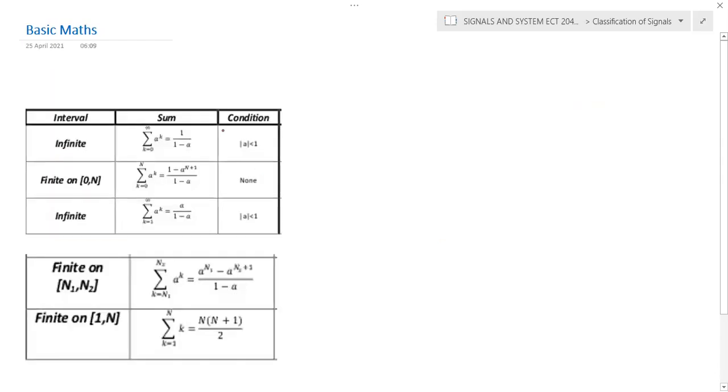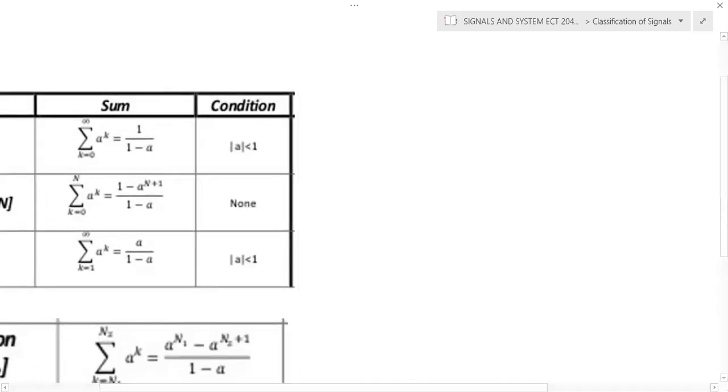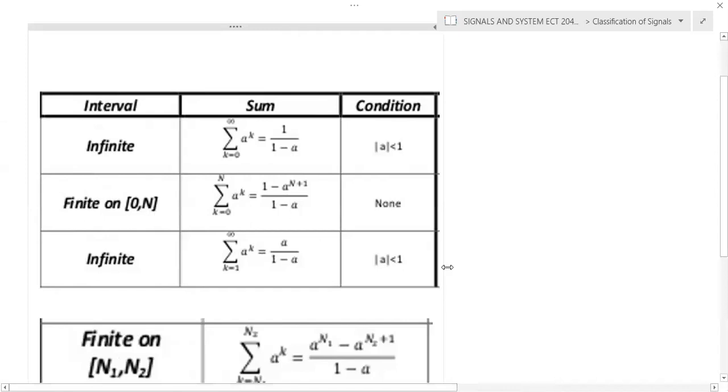And finally, we will discuss the sum formulas. For example, there is a sequence, and the summation formula is like this: sigma k is equal to 0 to infinity a raised to k, and this modulus of a is less than 1.